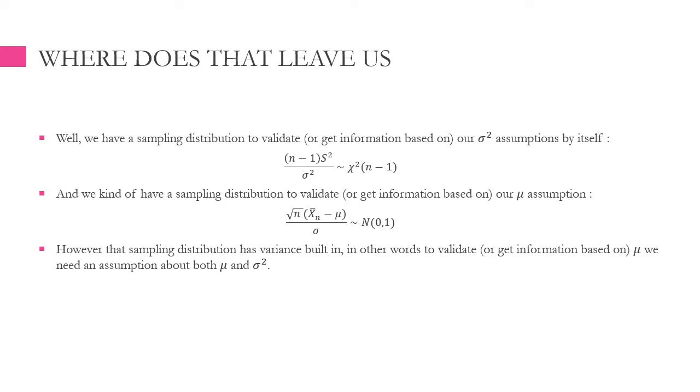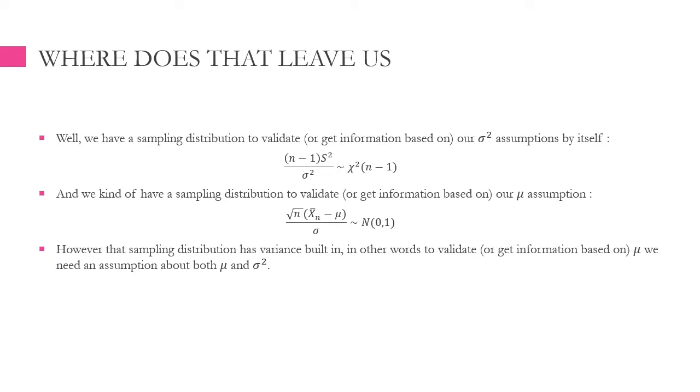So basically that sampling distribution has variance, or standard deviation, built in. In order to validate or get information on mu, we need an assumption about mu and sigma squared, and sigma. Sigma and sigma squared are kind of equivalent; you just have to square root sigma squared to get sigma.